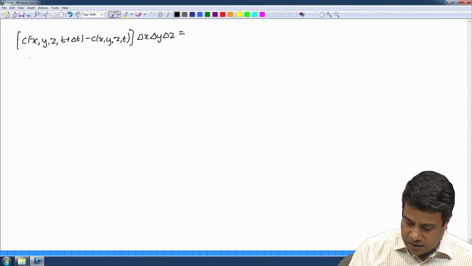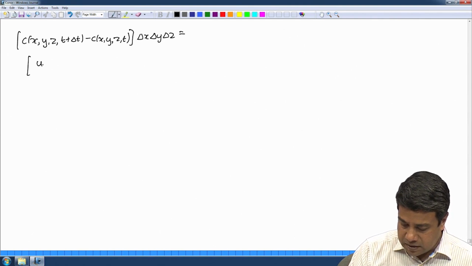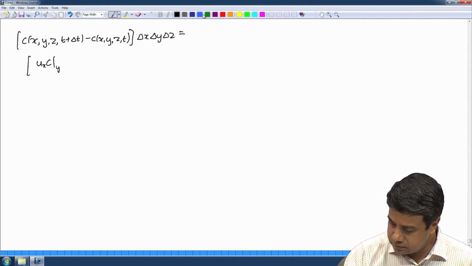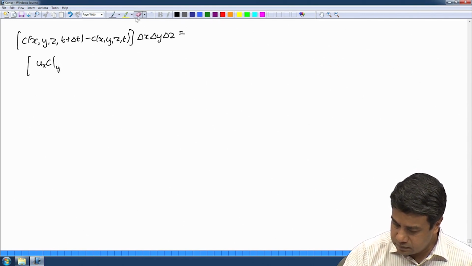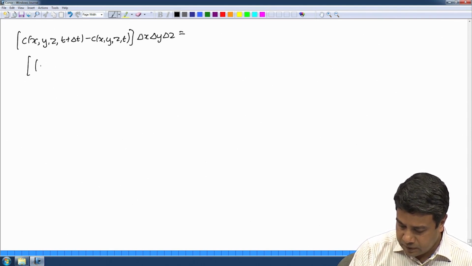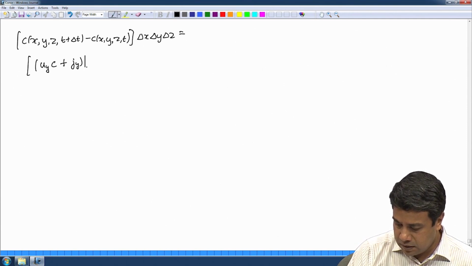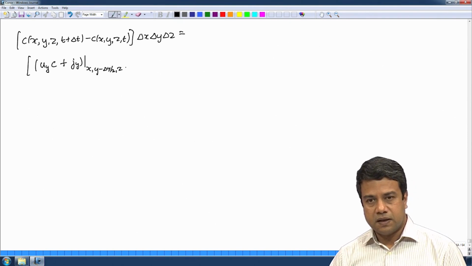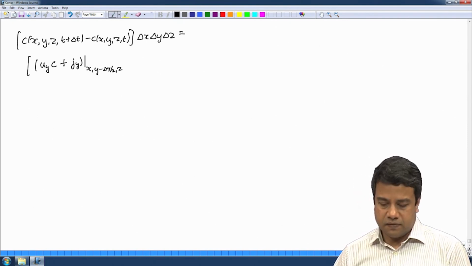So, I will have ux times c, sorry, this should be the y direction first, so uy c plus jy at x, y minus delta y by 2, z, that is the flux coming in due to convection and diffusion.